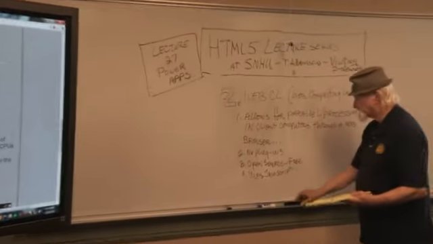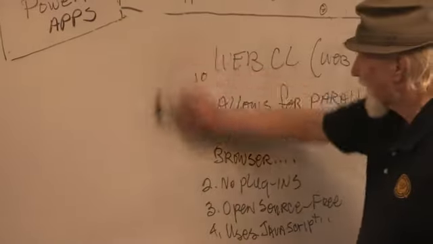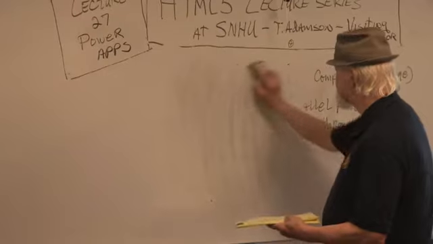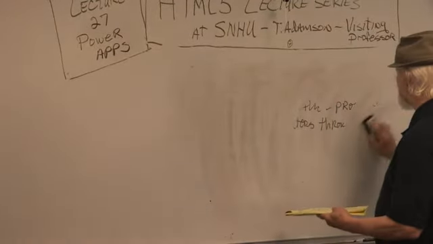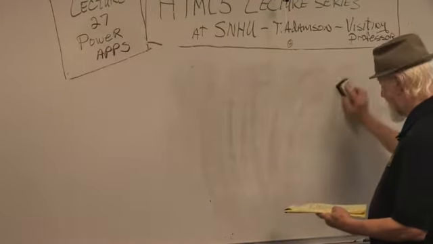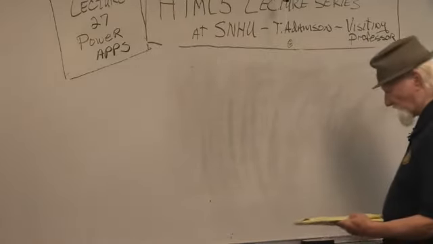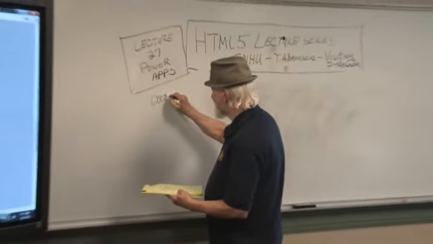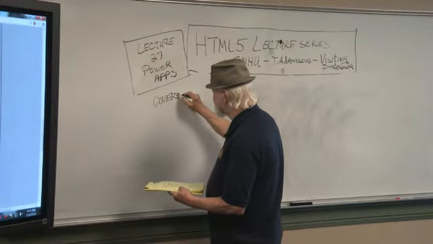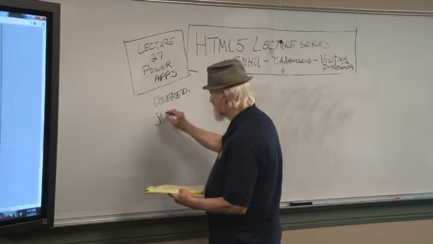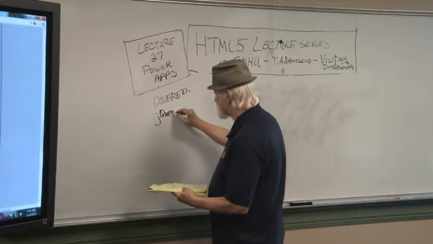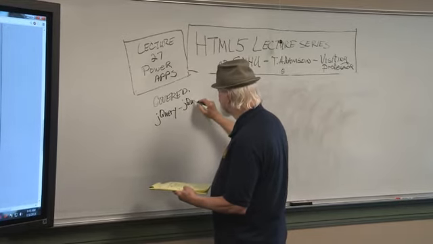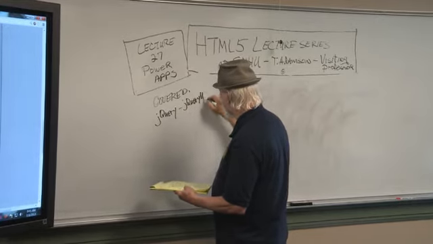I'm going to look at my next one, my next Power App. Now, keep in mind there's two things that we've already covered. We've already talked about jQuery and what it can do, and we also talked about jQuery UI.